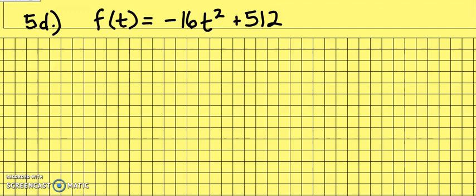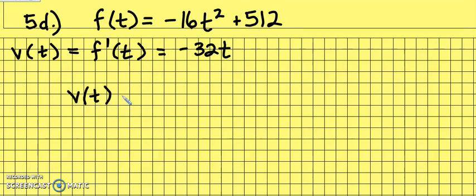But we can make use of this position function because we now know that the velocity is the derivative of the position function. So what we pretty much have is that velocity is equal to negative 32t.